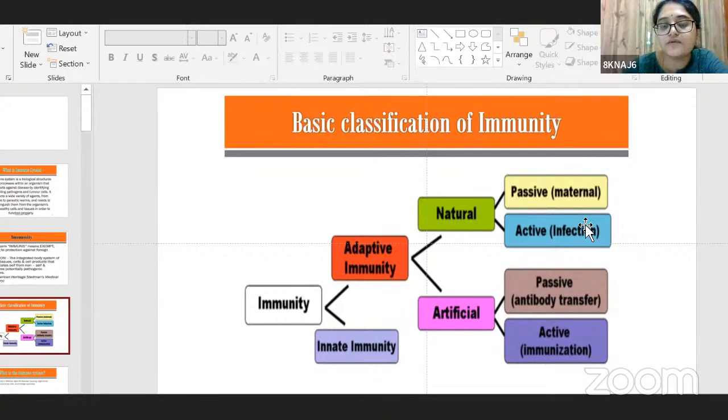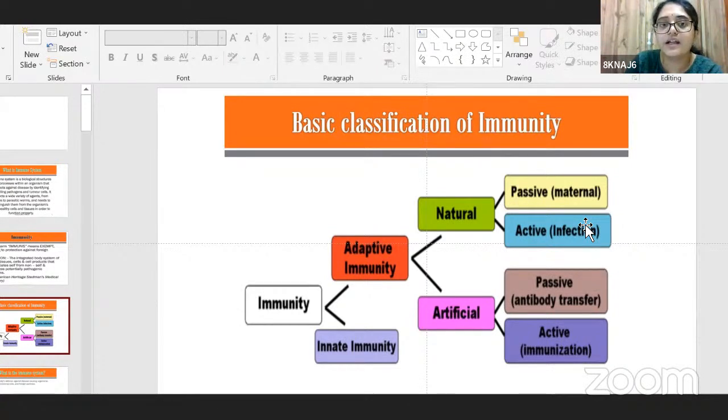Artificial passive is the immunity you acquire because of the transfer of antibodies. And then artificial active is immunization. All your vaccines are artificial immunity. You're giving either a live pathogen, an inactivated pathogen, or a dead one, be it a virus, a bacteria, or anything for that matter.